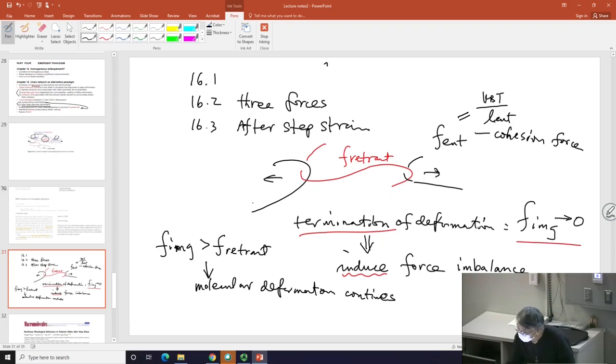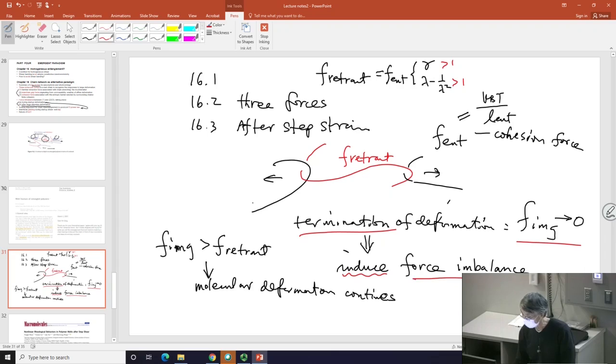Well, this requires you to recall what is your retractive force. In the fine deformation limit, it is exactly this magnitude times gamma, if it's shear, times lambda minus 1 over lambda squared, if it's extension. So as soon as these guys are larger than 1, you will have force imbalance. Right? Because you build a force larger than this intensity.